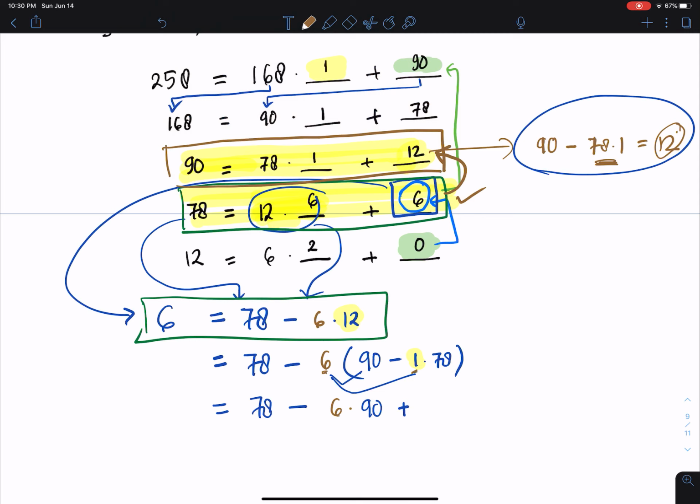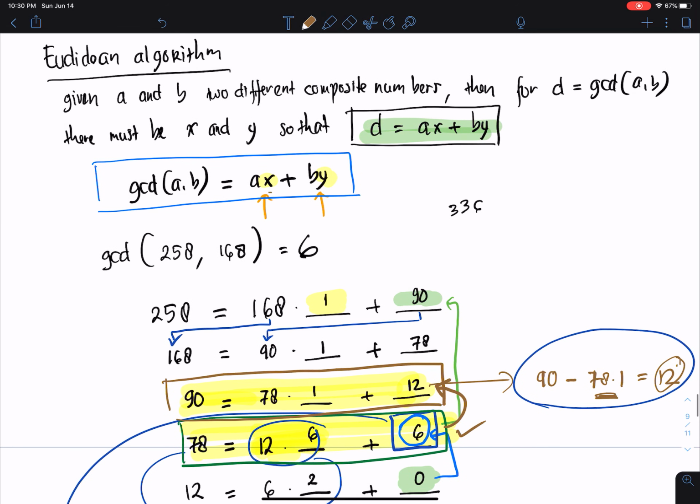6 times 1 we get 6 times 78. So I'm not going to get the total, what will be 6 times 90? No, because we need the coefficient number or the multiplications number here. Remember that we would like to find out x and y, so we leave it as the multiplications number.